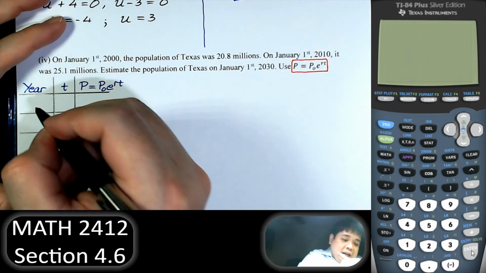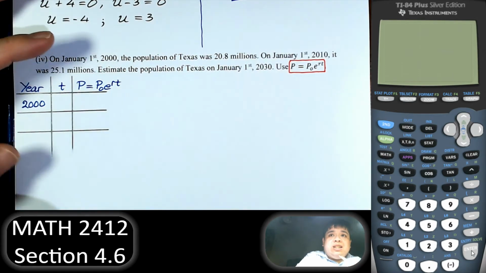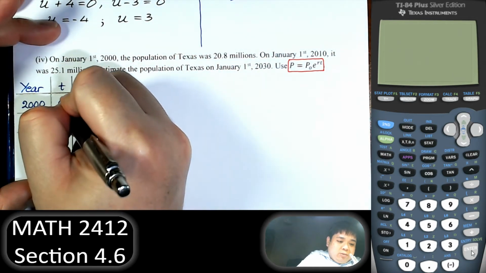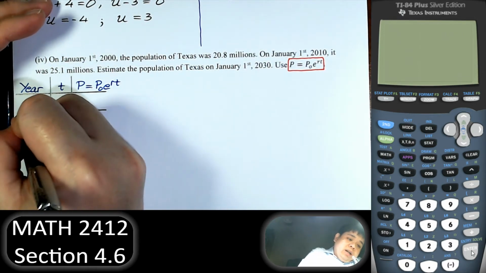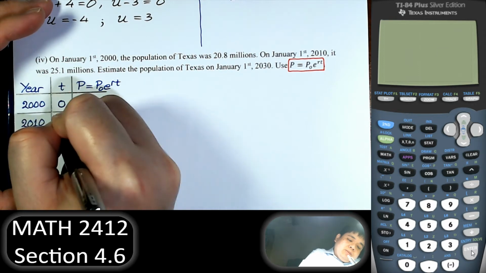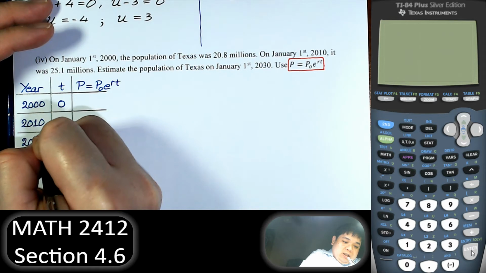Let's say in year 2000, to simplify the calculation, t is equal to 0. It makes things easier for the calculation. In 2010 will be 10 years later, and 2030, 30 years later.